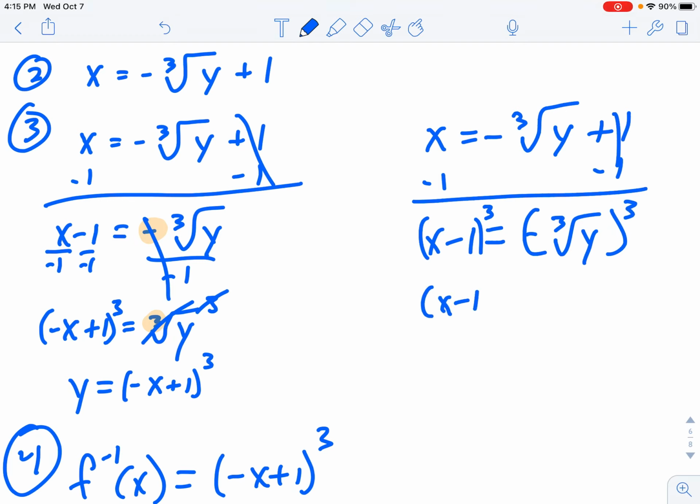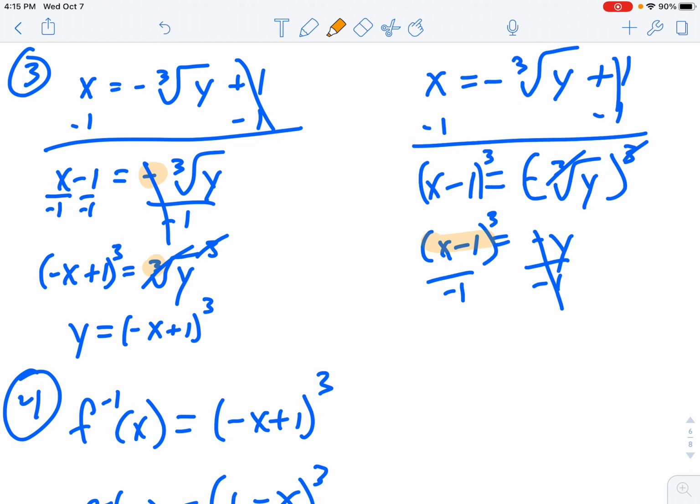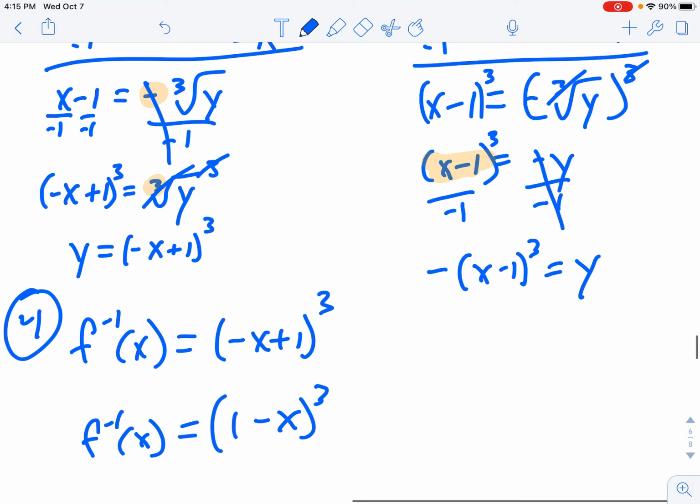You get x minus 1 equals, the third power cancels that out, and you're left with negative y. Then divide by negative 1. And so this whole thing divided by negative 1 just makes negative x minus 1 cubed equals y. And so f inverse of x equals negative x minus 1 cubed.